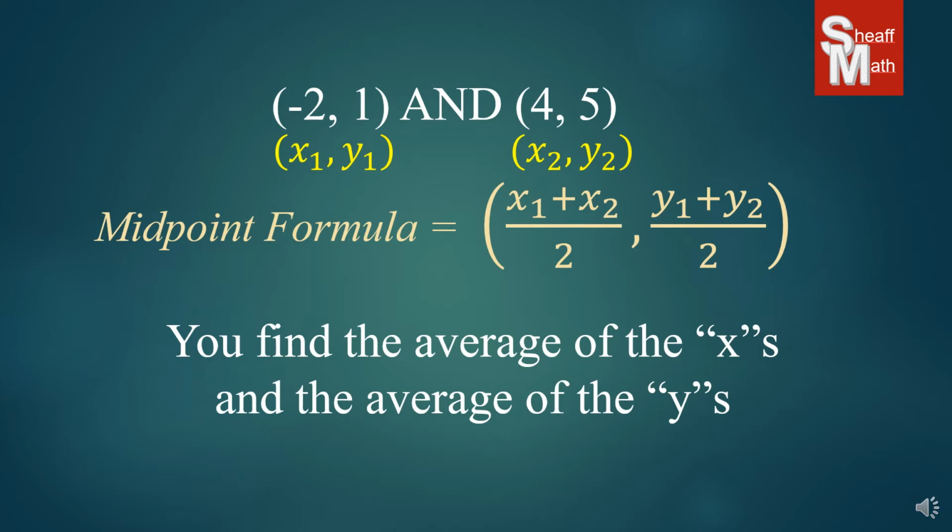First, we want to make sure that we know what x1, y1, x2, and y2 are. The first point is x1 and y1, and the second one is x2 and y2, and we're going to be adding the x's together and then the y's together.